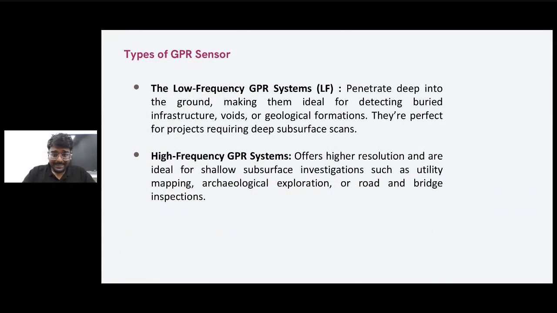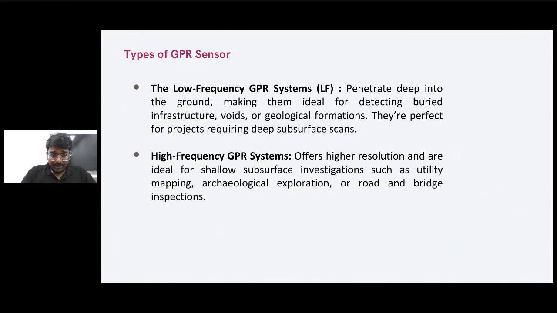These low frequency signals can penetrate deep into the surface, so the penetration depth of such sensors is very large compared to that of the high frequency GPR system. But the catch is that the objects detectable by these sensors will be slightly bigger than those that can be detected by high frequency GPR systems.